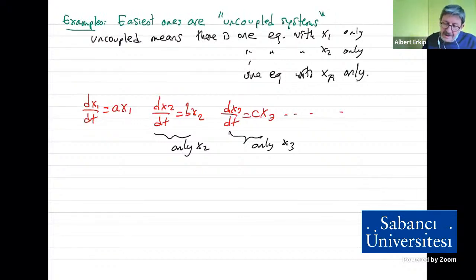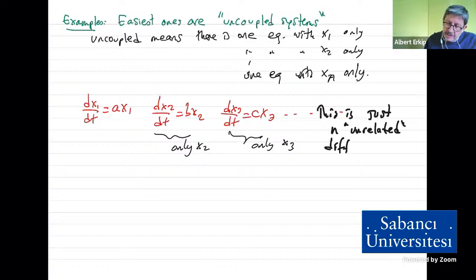And basically this is just a set of unrelated differential equations. You see, x1 is one differential equation, x2 is another, and so on. And how do I solve it?